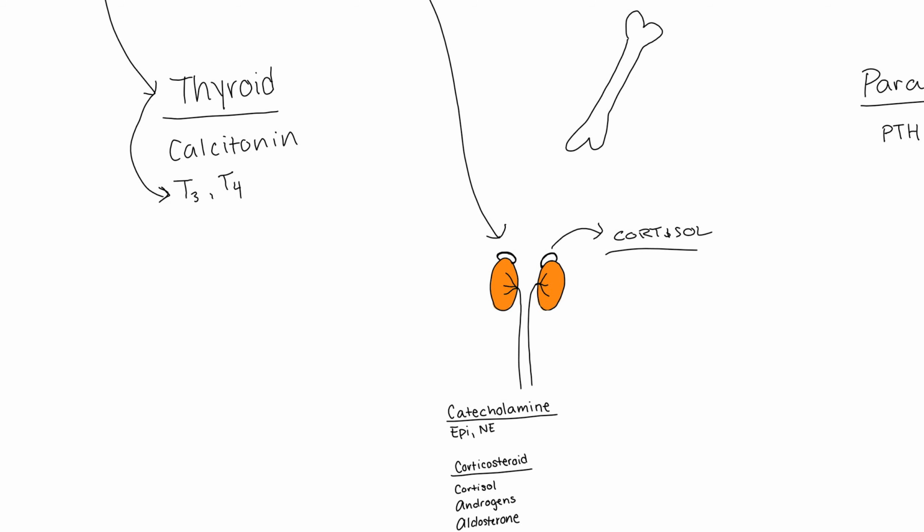Now, the stimulation of T3 and T4 actually is a normal thing. It keeps your metabolism going and keeps that in balance, but whenever that gets out of balance and your metabolism is thrown off, you can have hyperthyroidism or hypothyroidism.